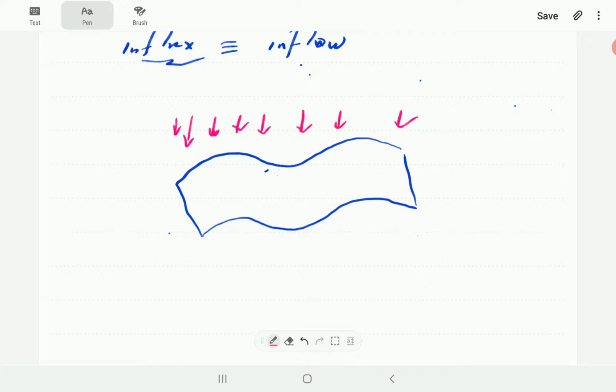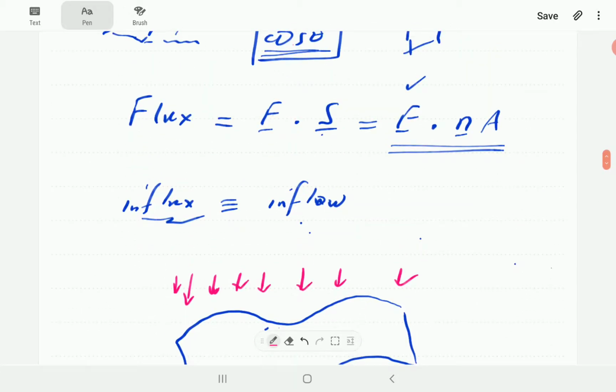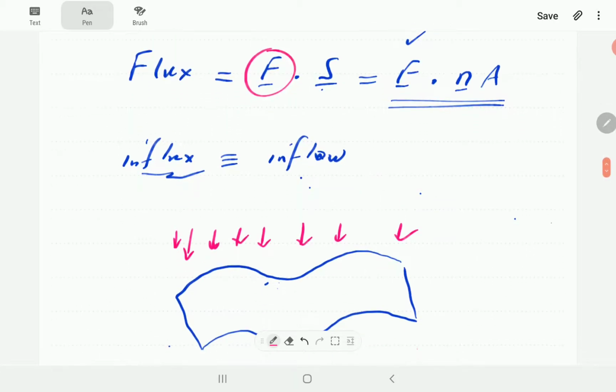If the intensity changes as you move in space, then your rain vector is going to be a function of position. So then we can't just do this.